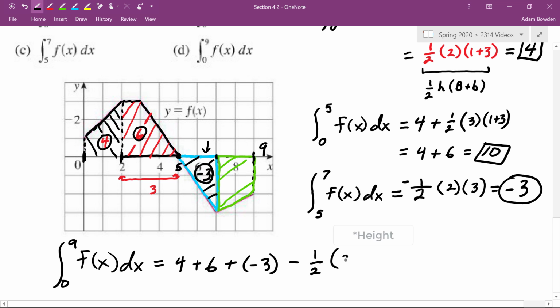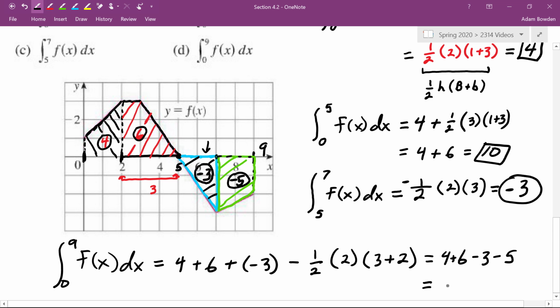1/2 base, and then 3 plus 2. Those are the other sides, in other words. And so that would equal 4 plus 6 minus 3 minus 5. Minus 5 is the area inside of this trapezoid, in other words.